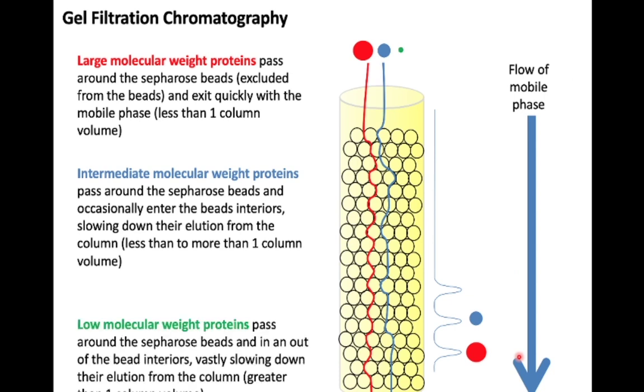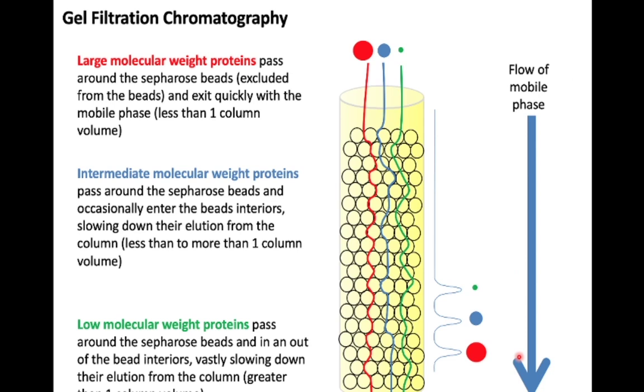Whilst the low molecular weight proteins pass around the Sephase beads and in and out of the bead interior, and that vastly slows down the elution from the column, and that's greater than 1 column volume. So you can see how we can separate the different sizes according to gel filtration chromatography.